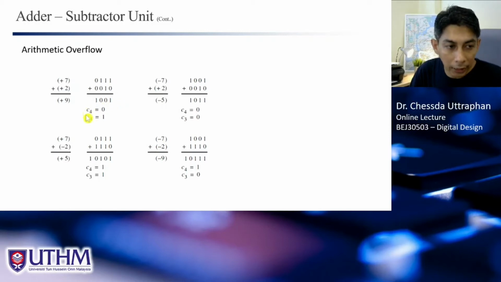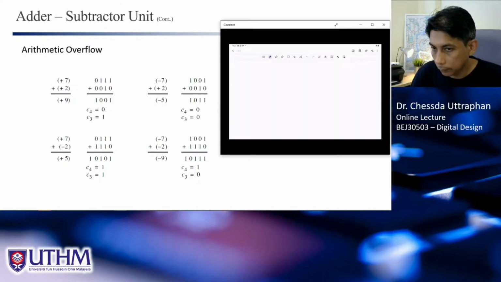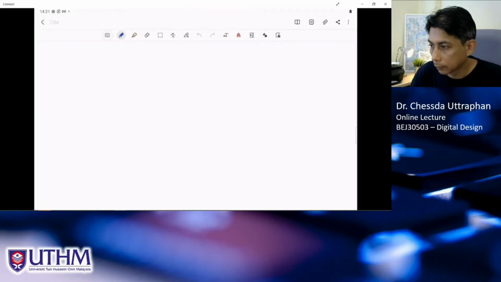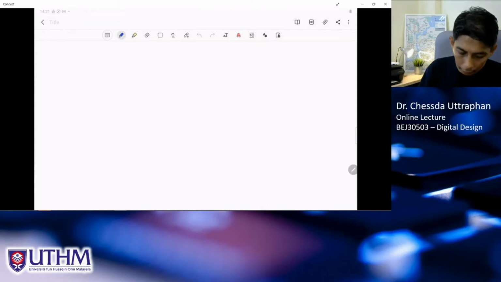And if we observe these two signals, C3 and C4, where is C3? If I can write here, we have positive 7 and positive 2.